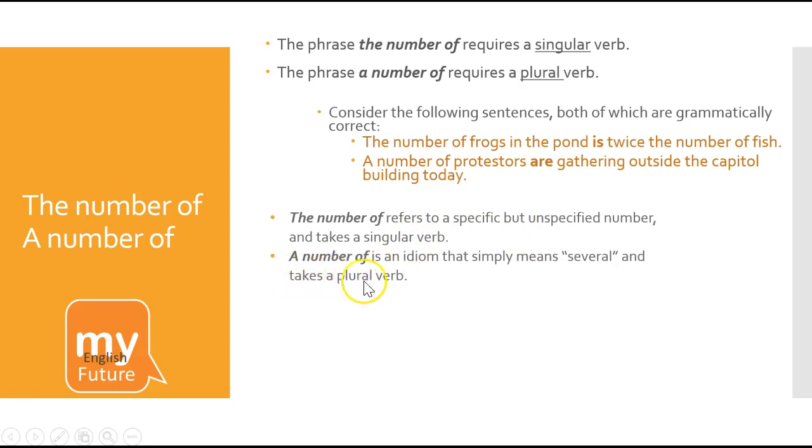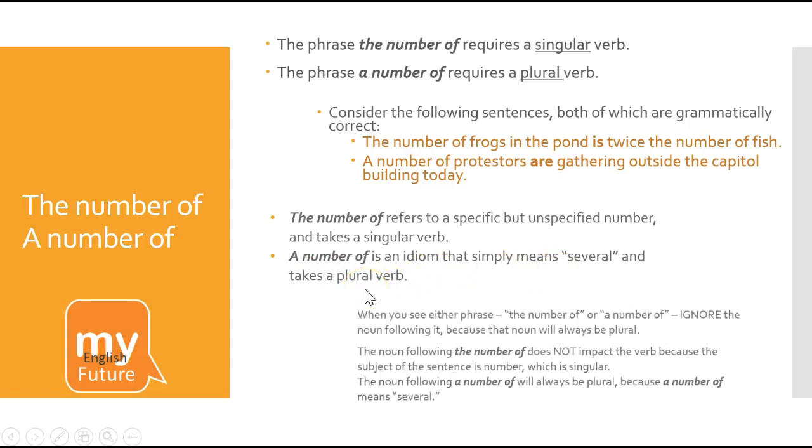A number of just means several, which is plural, so it takes a plural verb. And by the way, try to train your brain to ignore the next noun, because that noun will usually be plural, so you don't want it to affect your verb when sometimes the number of needs a singular verb.